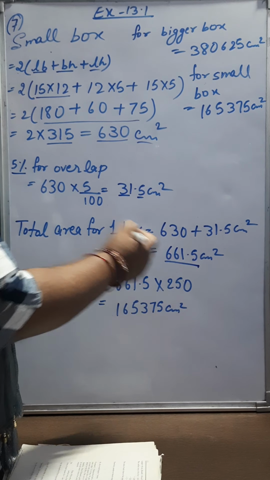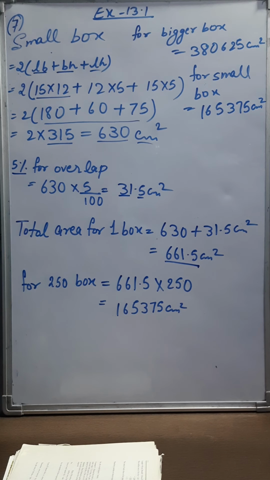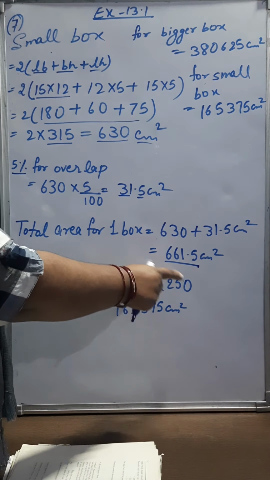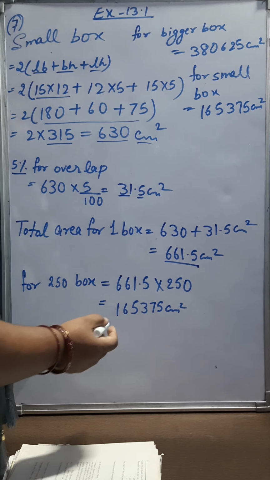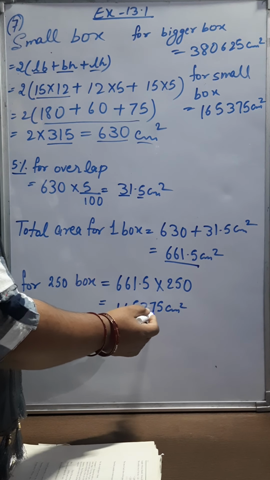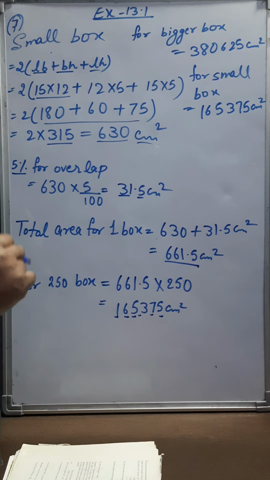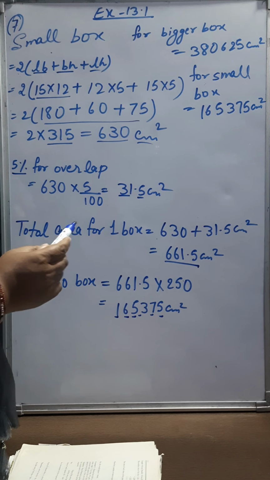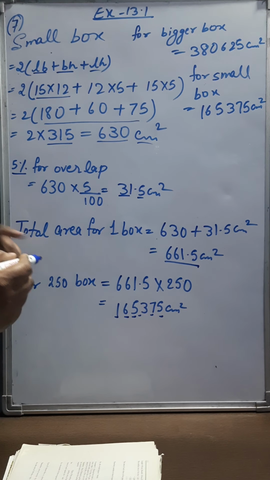So total we are getting 661.5 centimeters square area required for making one small box. Now for 250 boxes, this area will be multiplied by 250. We are getting 165375 centimeters square area of cardboard required for making 250 boxes.